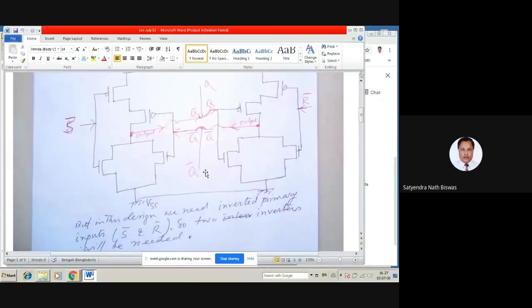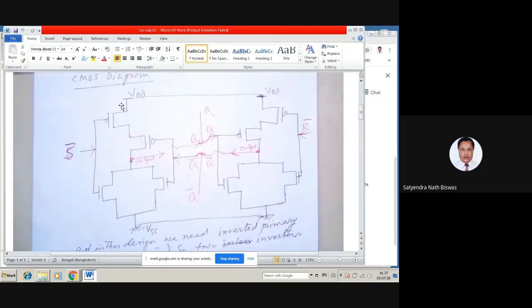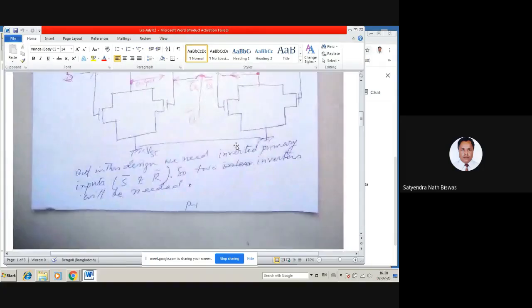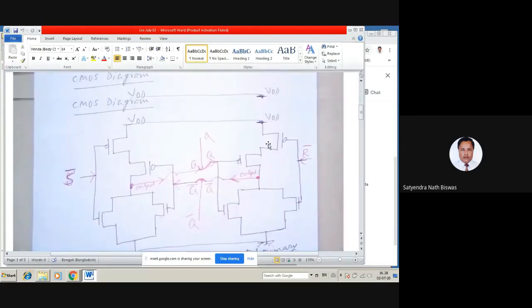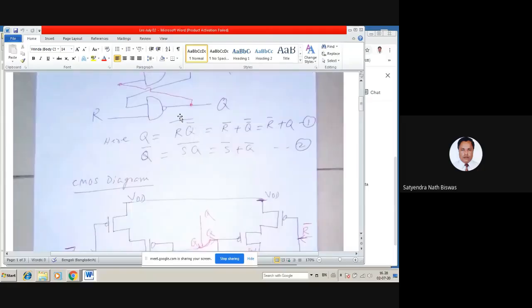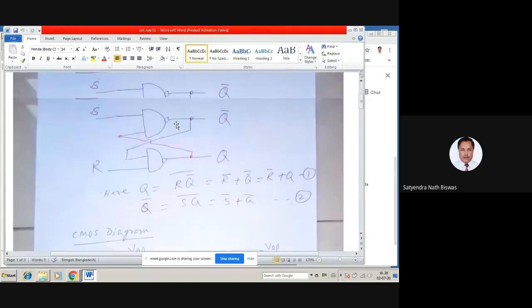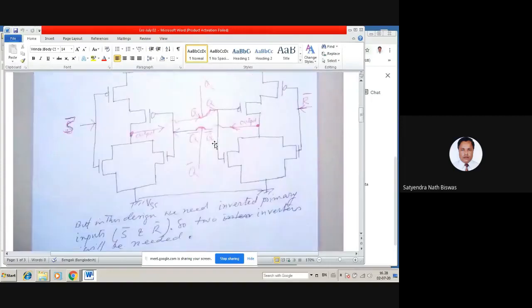And this is the CMOS diagram. The two VDD are short circuited, and the two grounds are short circuited. So now this is the complete CMOS diagram for the SR latch. Any question?